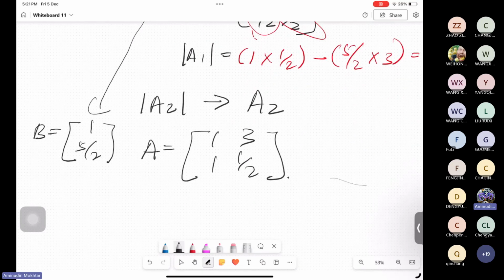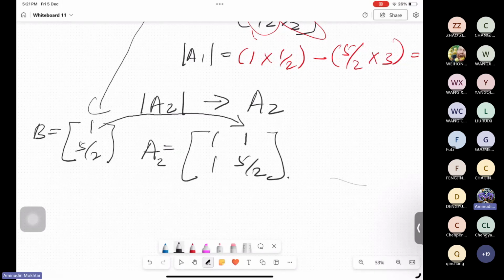For matrix A2, what we need to do is replace the second column of A with B. In other words, we need to change this number, the 1, with B: 1, 5 over 2.